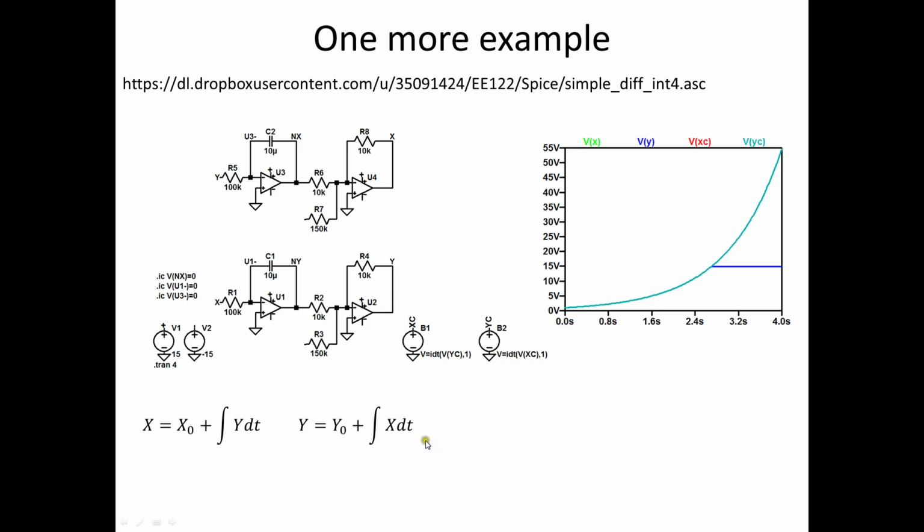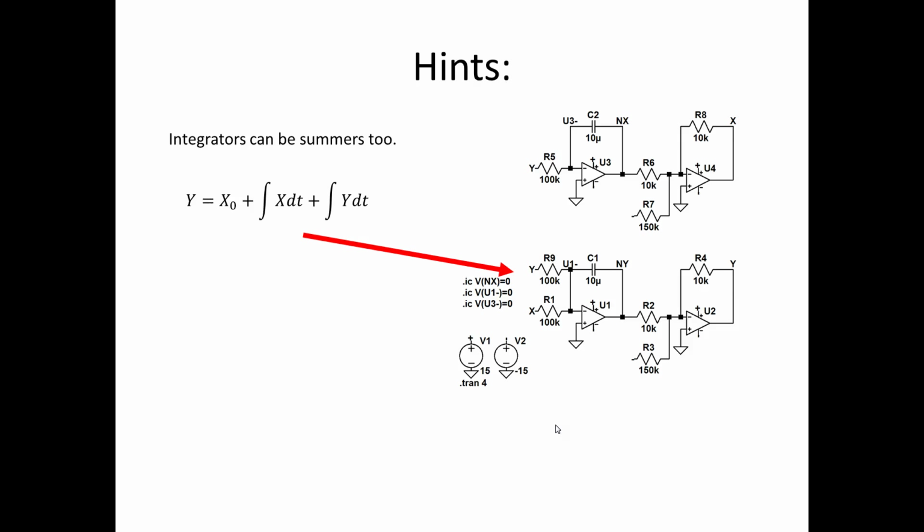One more example is we're not inverting anymore, and really I just use the same thing as the where x equal to x naught plus the integral of x, and we get the same result, where once it saturates, that's where the check voltage and the op amp voltage deviate.